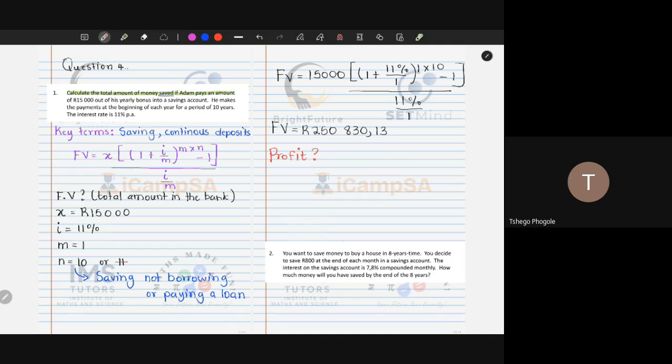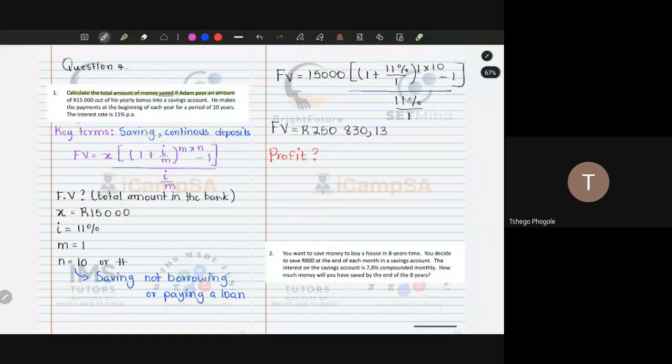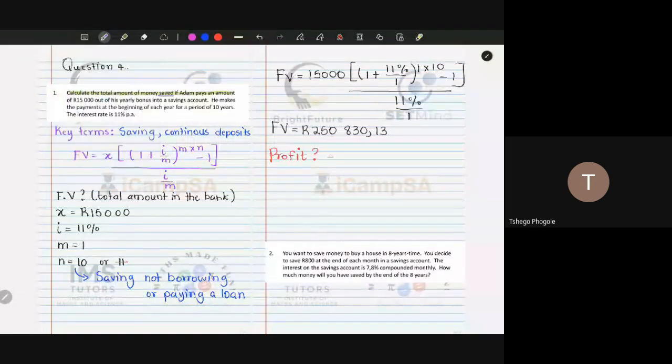What profit did Mr. Adams get from his investment? So you are saying his profit is equal to 235,830.13?